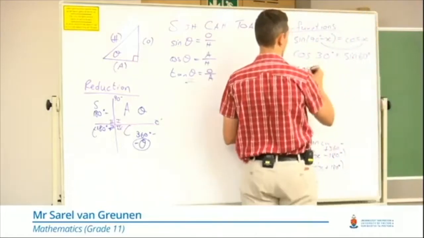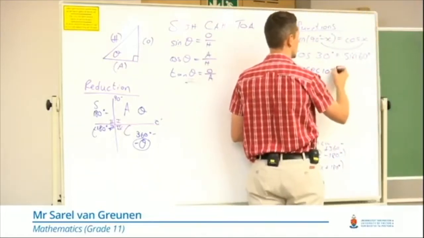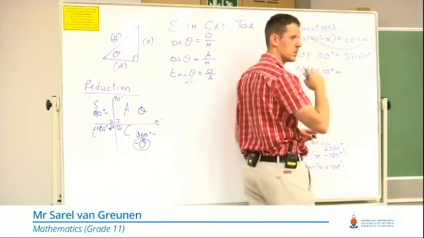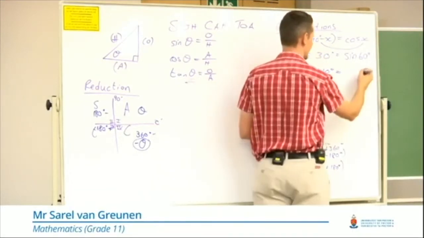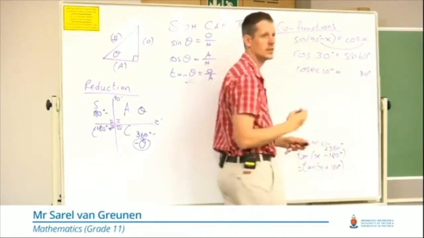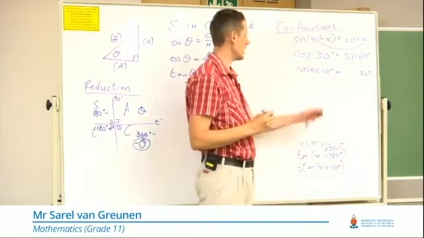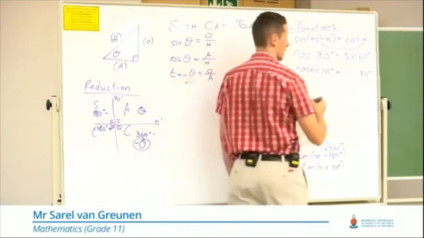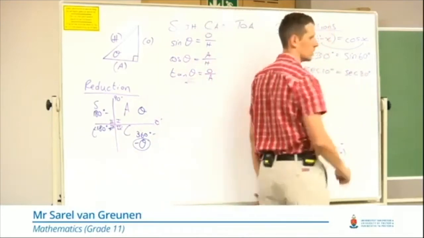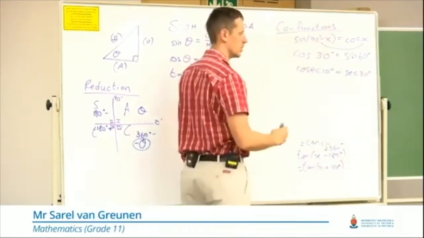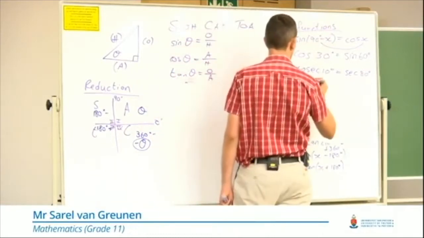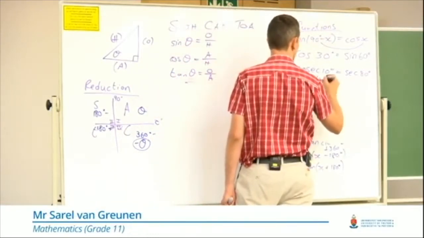But sir, cosec 10 is what of 80? Take the co away, what am I left with? Sec. Tan of 90 minus x.